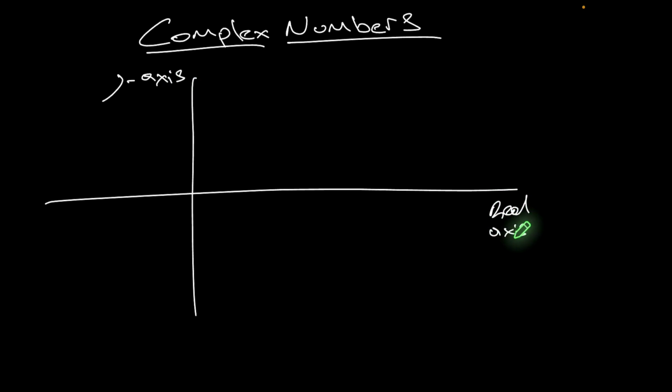So that's our real numbers. Now let's say we had something like z equals 4 plus j3. Then we represent the 4 on our real axis, because the 4 is our real number. So on this axis we would have 4, and on the vertical axis we'll have 3, like that.